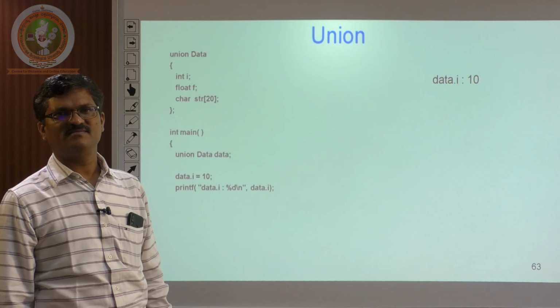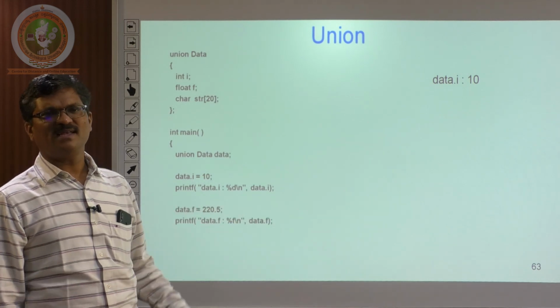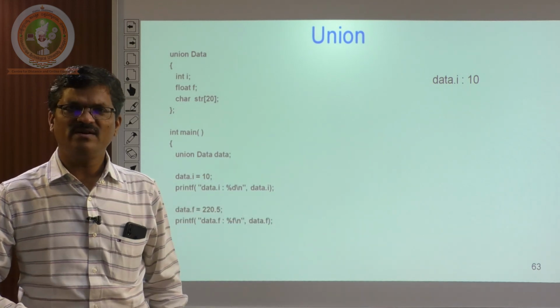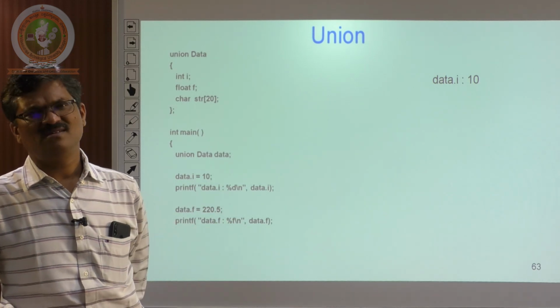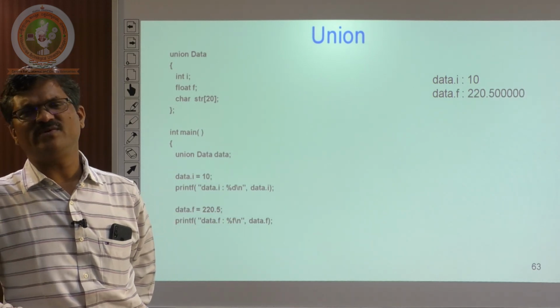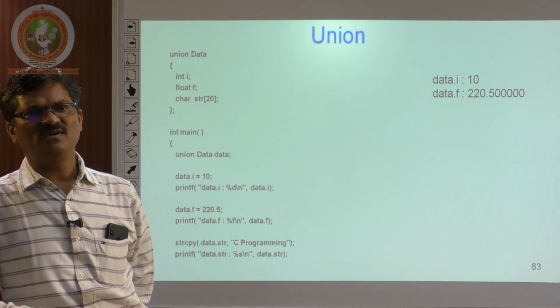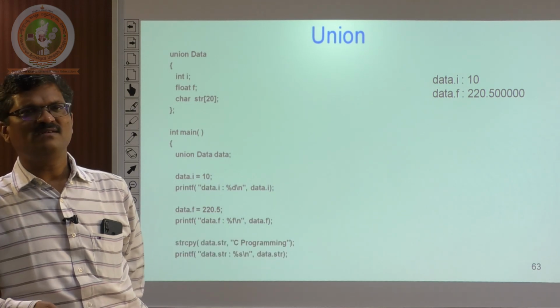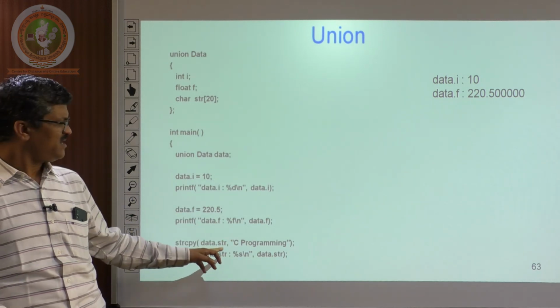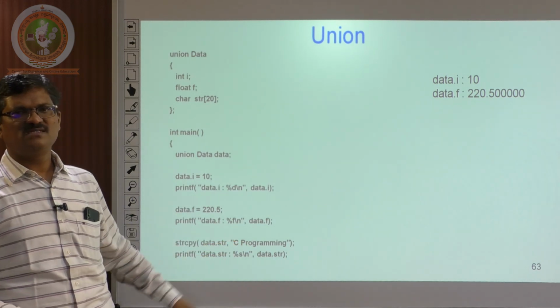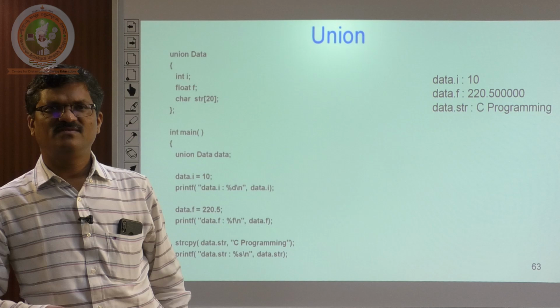In the same way, I can assign some value to f, and if I print it to see what it holds, its present value now is 220, of course this will be the output. In the same way, I assign this value to the string and see what that is. So, again it is C programming only, right.